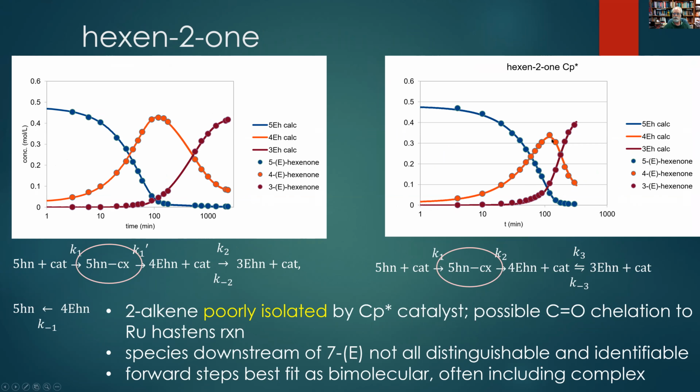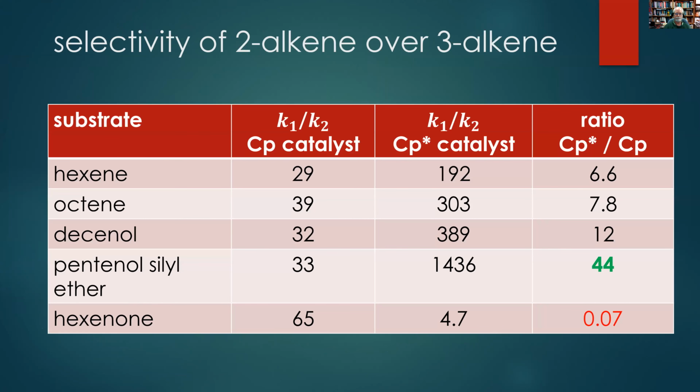This was one case where the 2-alkene was actually not that well isolated in the CP star catalyst. But for all of the other substrates that were studied, the CP star catalyst did a much better job of isolating the 2-alkene from the other possible products.